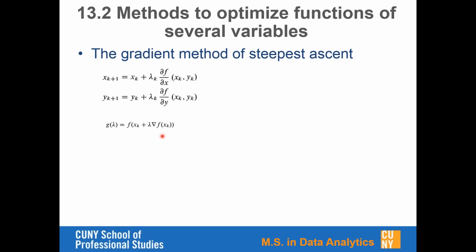You move towards the gradient descent direction using a certain step size, which is lambda, to try to evaluate your new function value. That's the idea. Using the same function, move your x a little bit to see what your g of lambda is. So that's the basic idea. But I'm going to point you to the right reference right after this session.